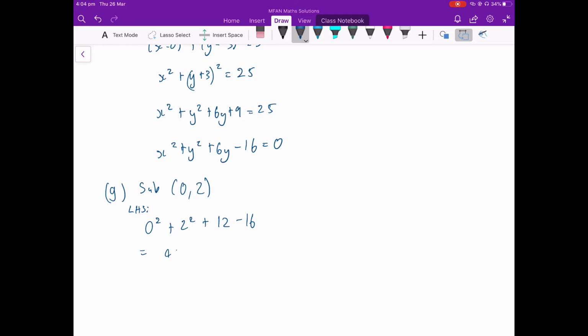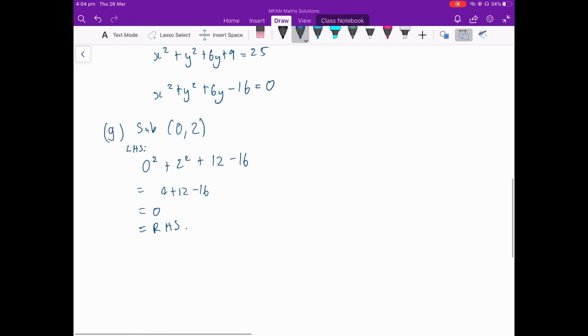So I get 4 plus 12 minus 16, which equals 0, which was the right-hand side there. Okay, so therefore P (0, 2) lies on the circle.